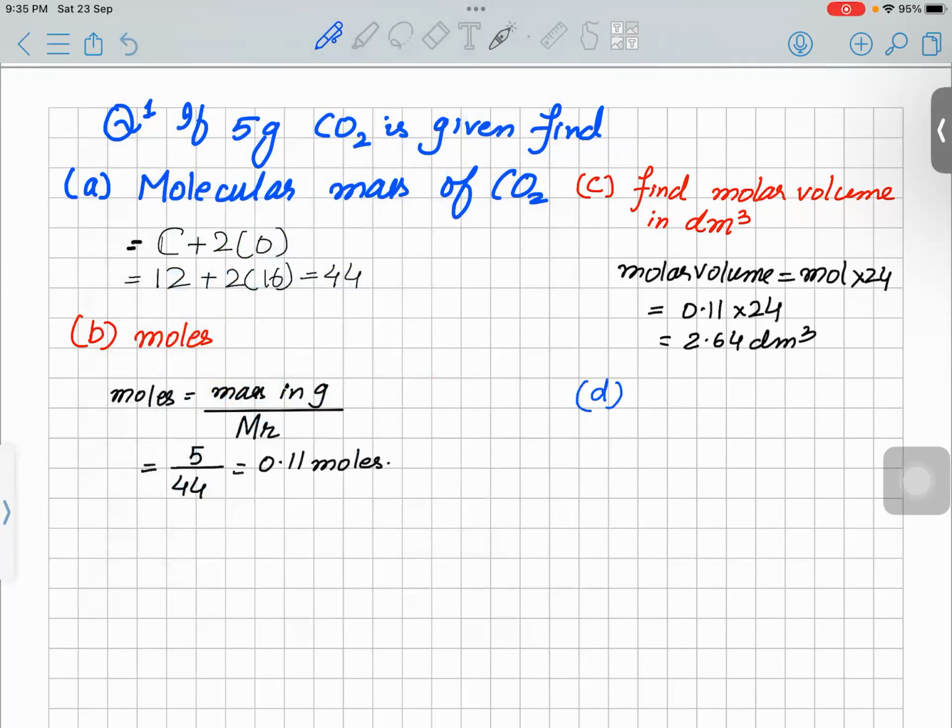Now D part. Find molar volume in cm cube. Now mole multiplied by 24,000. For cm cube, use 24,000.